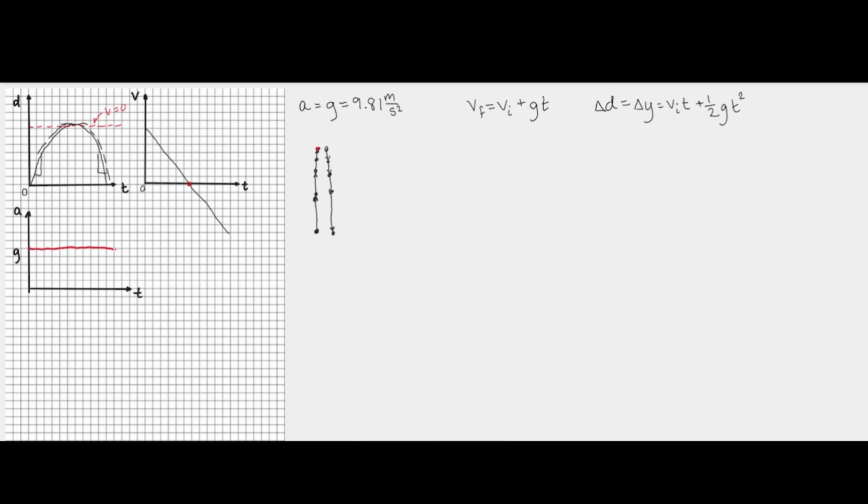So at every point during this object's motion, there's constant acceleration that is acting on the object to pull it downwards towards Earth. The acceleration doesn't change at any point along this object's path, which, bear in mind, is, again, a straight line up and down motion.